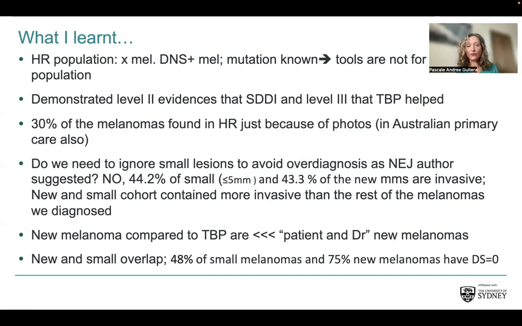New and small overlap, for sure, they're a little bit the same cohort. 48% of the small melanomas and 75% of the new melanomas had no official, well-described dermoscopy feature of melanoma, and were quite inconspicuous.